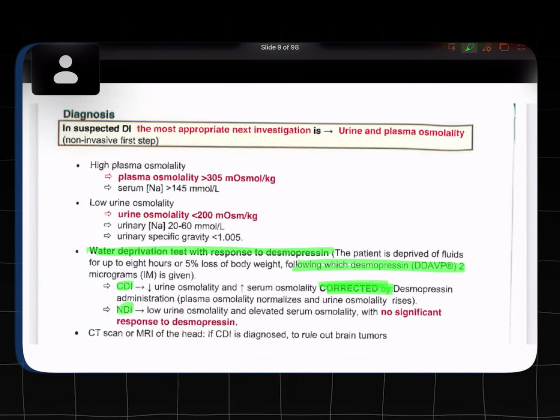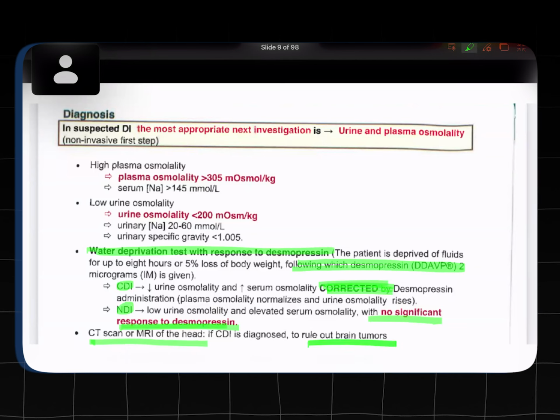In nephrogenic diabetes insipidus, the problem is the receptors. So there will be no significant response to desmopressin, not even a partial response. You also have to do a CT scan or MRI of the head, to rule out brain tumors, and also for meningitis and trauma patients. So these are the two questions that come. Cranial, it will be almost complete correction. Nephrogenic, it will be partial correction or no correction.